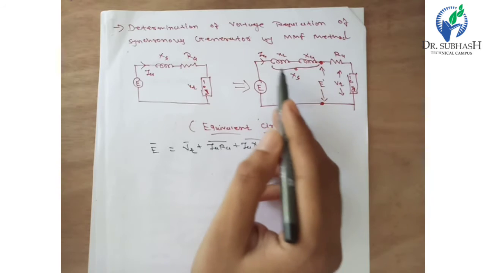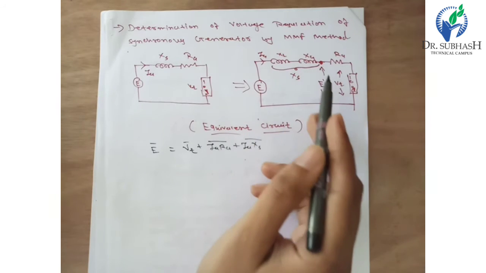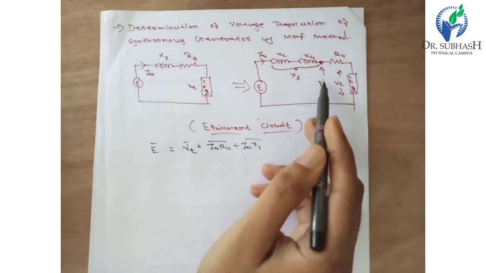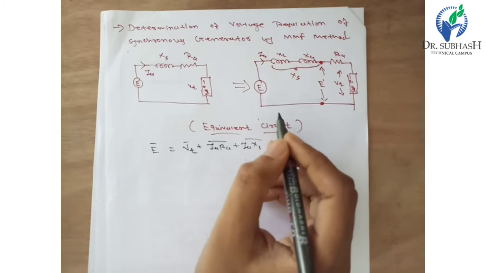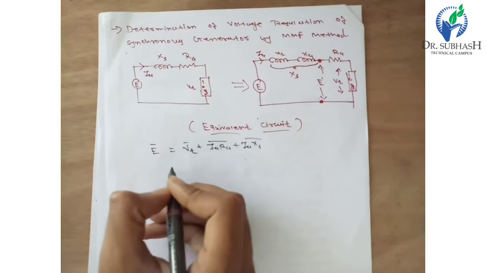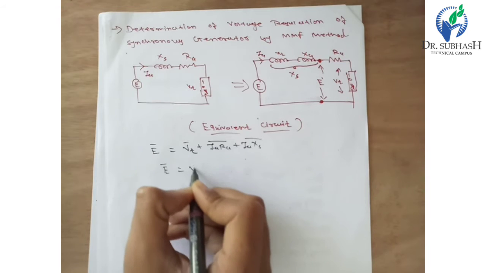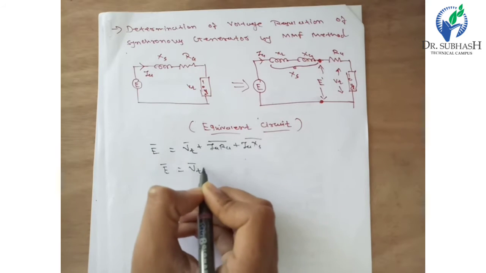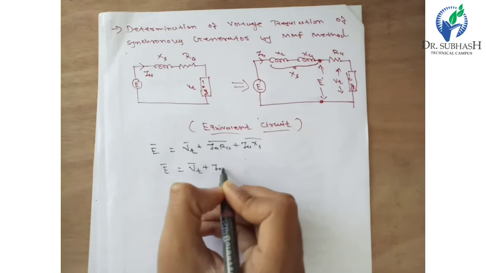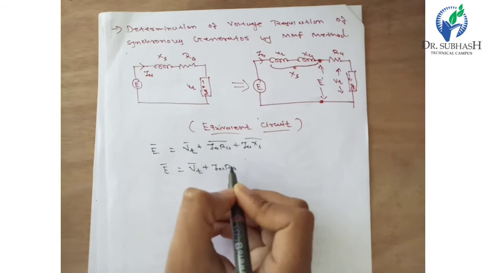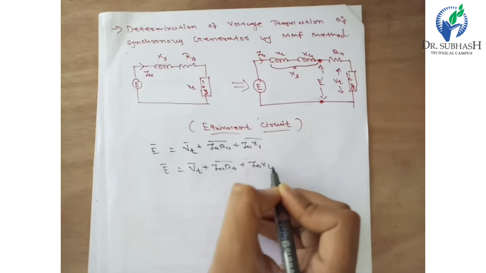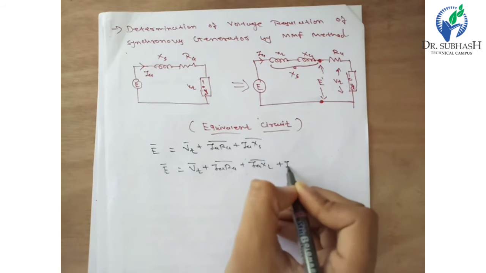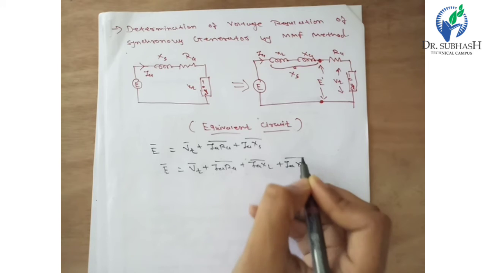So by using XL and XA, the voltage will be E dash and the total voltage will be E. We can write the total E bar is equal to Vt bar plus Ia into Ra bar plus Ia into XL bar plus Ia into XA bar.